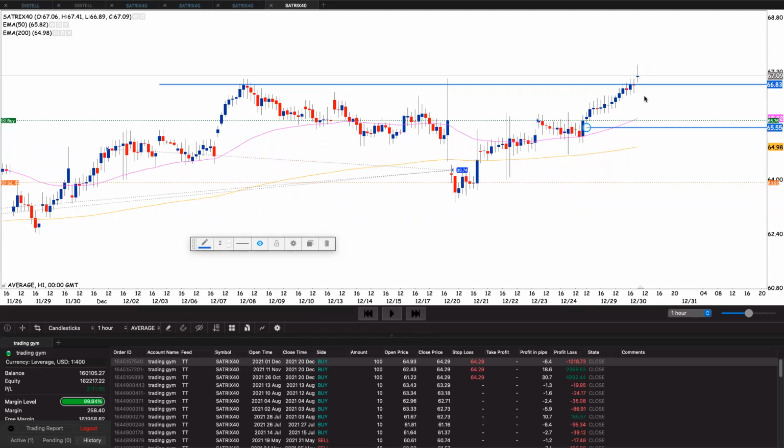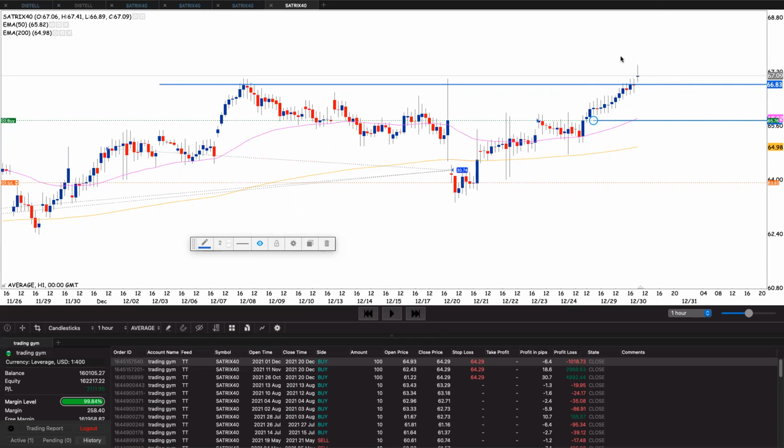So now it broke out to the upside, but it breaks out with a doji. A doji, and remember, a doji is a reversal candle. Because it closes out with a doji, what I tend to do is wait for it to close above the doji.